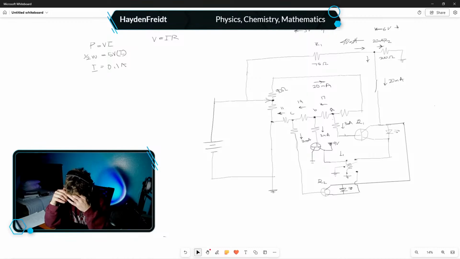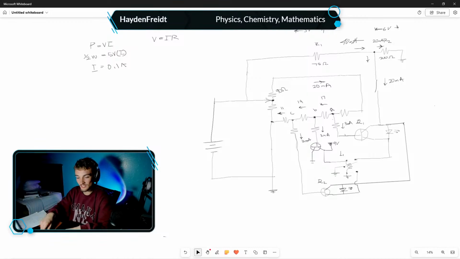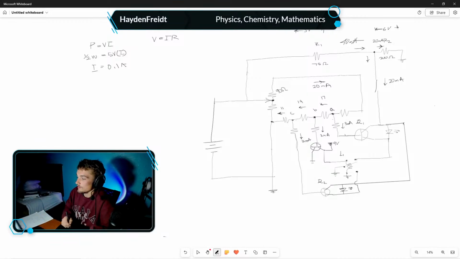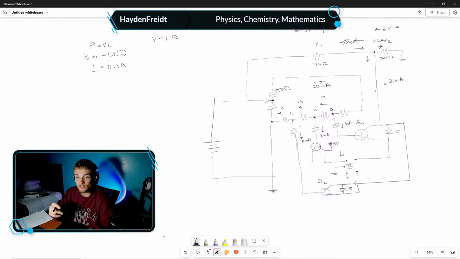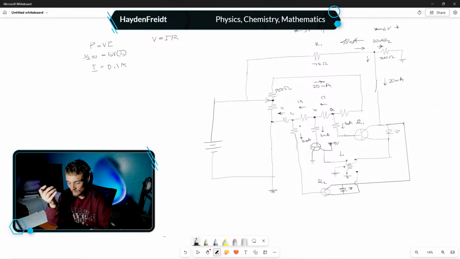Okay, fine, let's use a 100 ohm potentiometer. At its maximum resistance of 100 ohms, it's pulling as much voltage as it possibly can, a greater voltage drop.